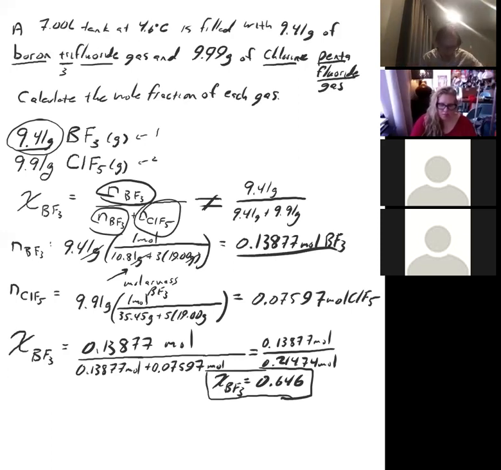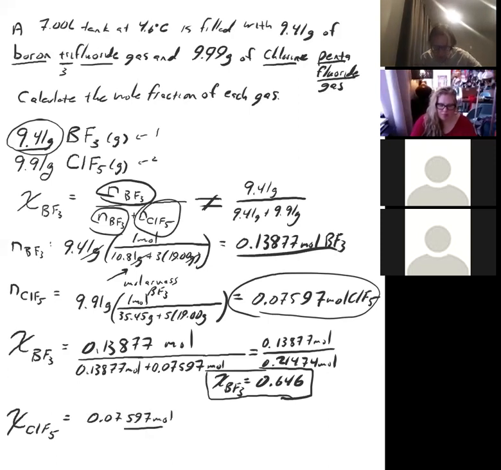So now let's calculate the mole fraction of chlorine pentafluoride. There's a couple different ways you can do this. The more involved way would be to take the moles of chlorine pentafluoride and divide that by the total number of moles, which we already did, by the way. That's down here.